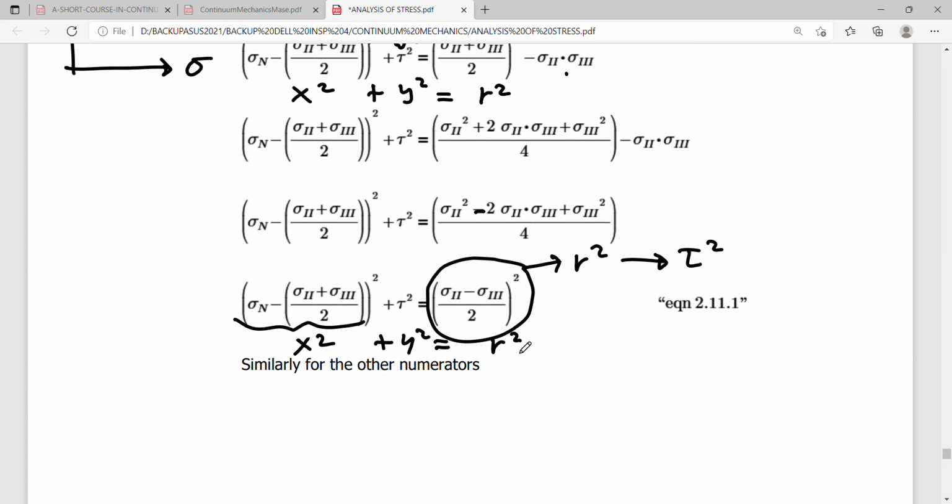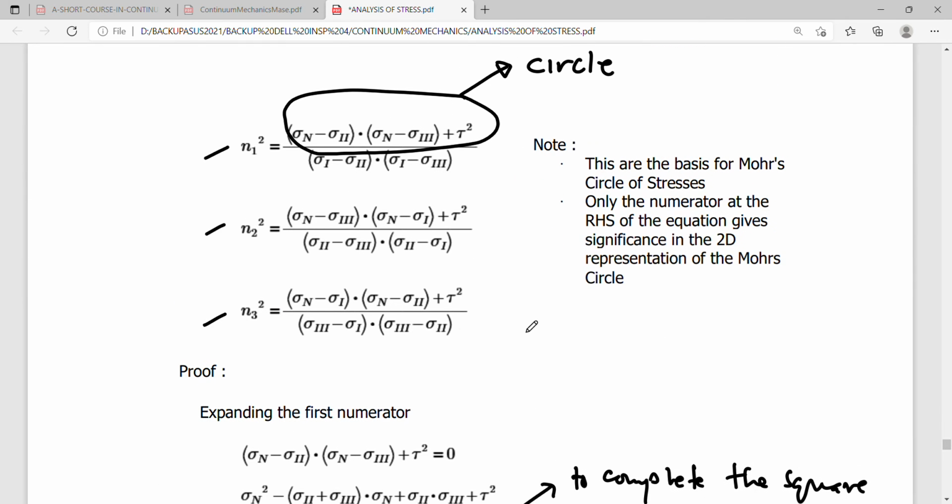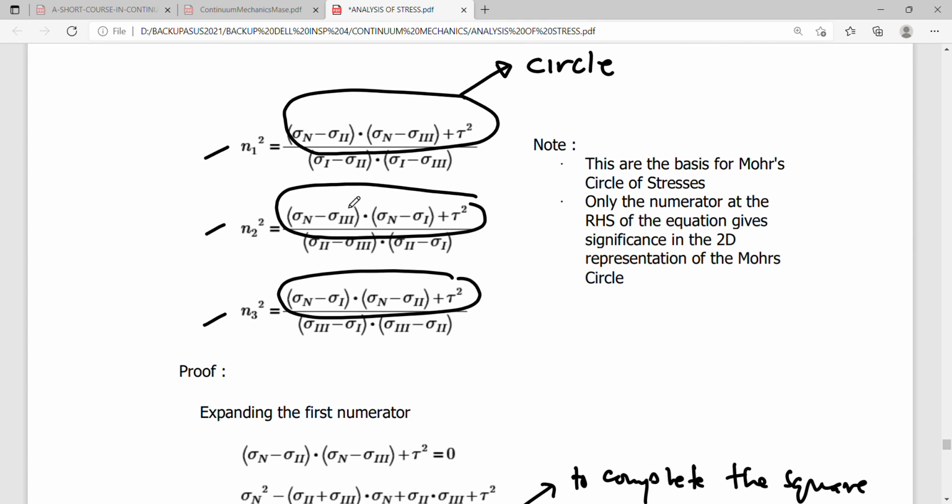So similarly for the other numerators above, these two numerators, we only need to change some of the sigmas depending on the definition of the circle that we are going to represent.